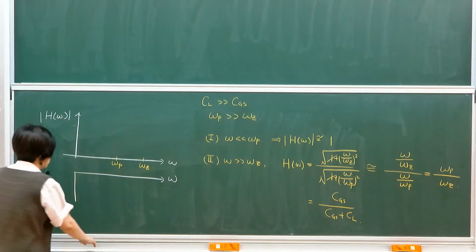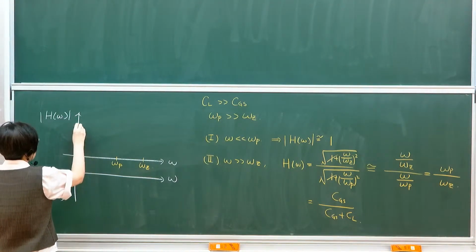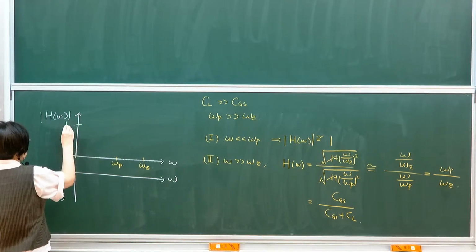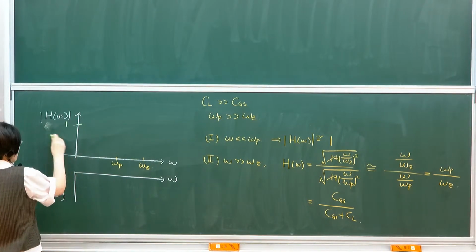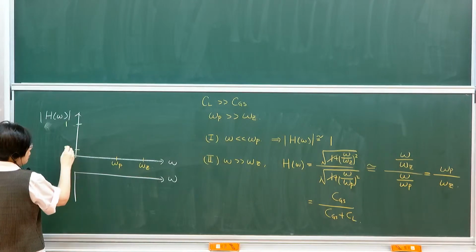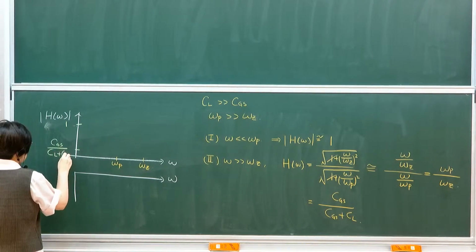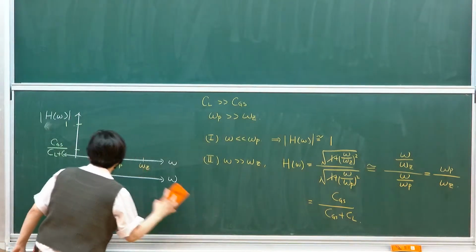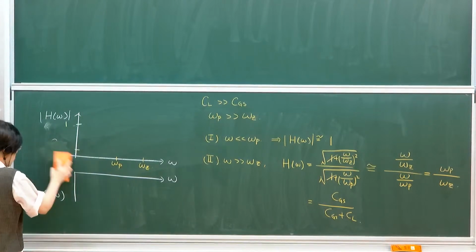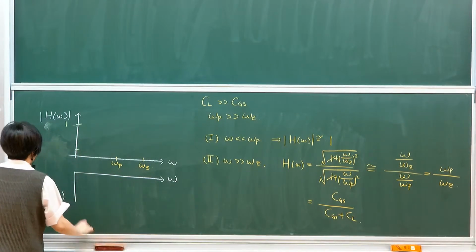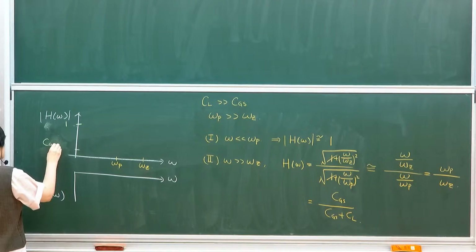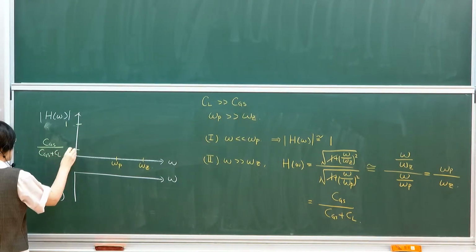And then we need to set our highest level. It's at 0 dB, which is 1. And then the lowest point is CGS over C load plus CGS. So it's the ratio between its parasitic capacitance, CGS, and CGS plus C load. Okay?